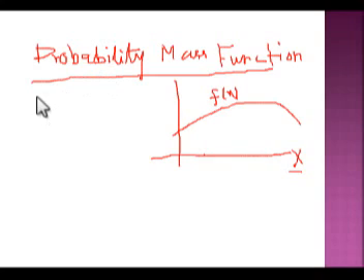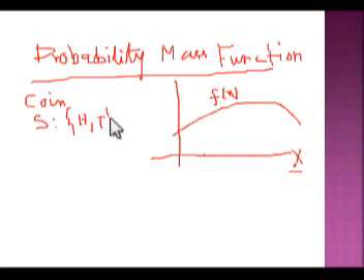Take a coin, it has only two possibilities. Its sample space is head and tail.